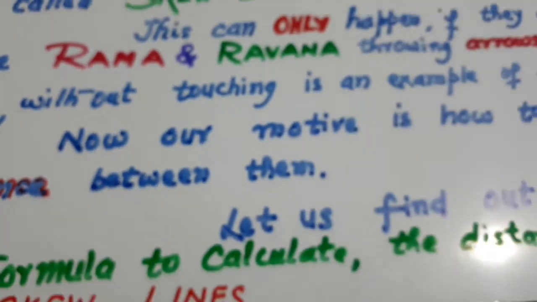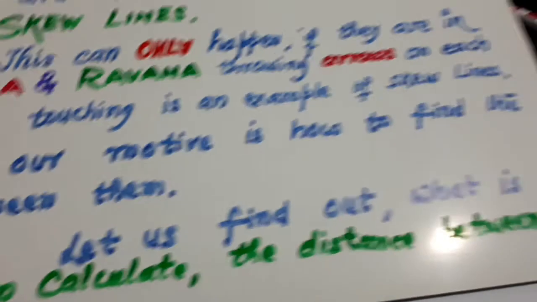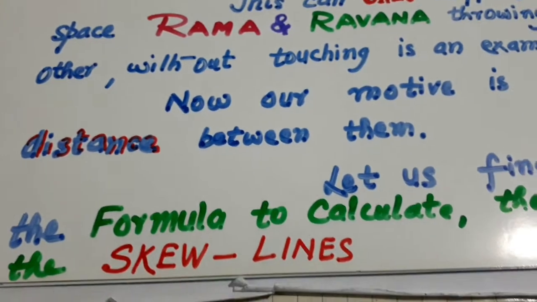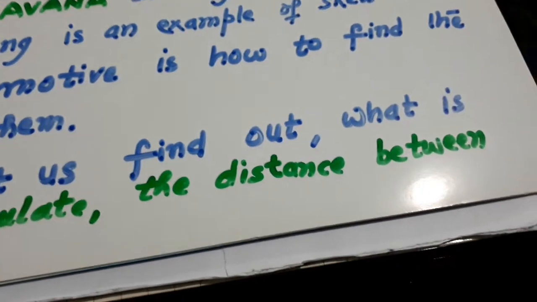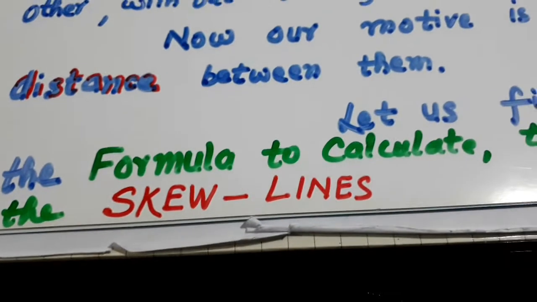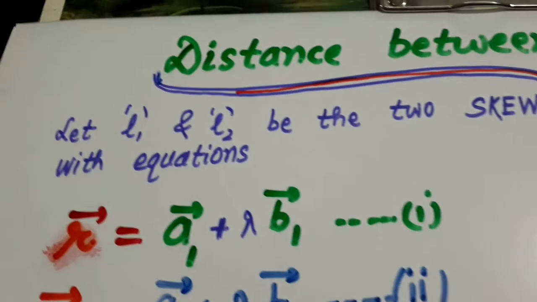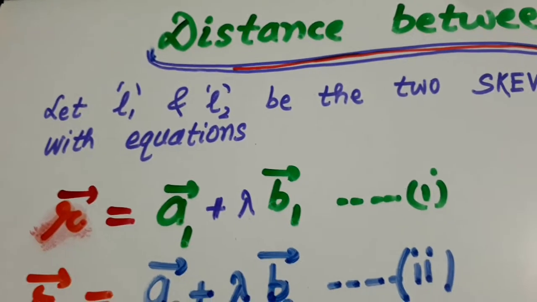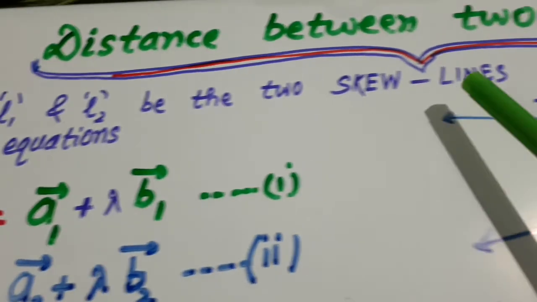Now our motive is to find the distance between them. Let us find out the formula to calculate the distance between skew lines. Let L1 and L2 be the two skew lines.